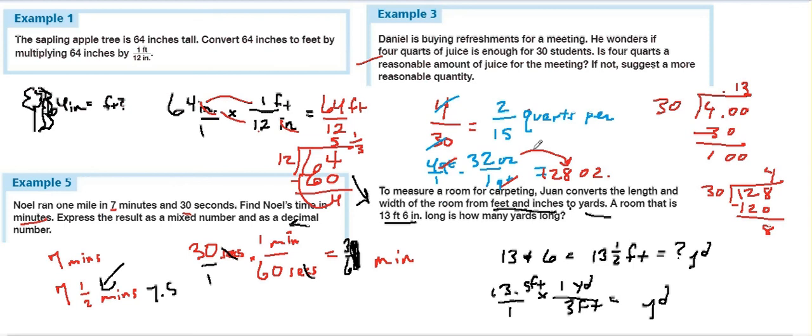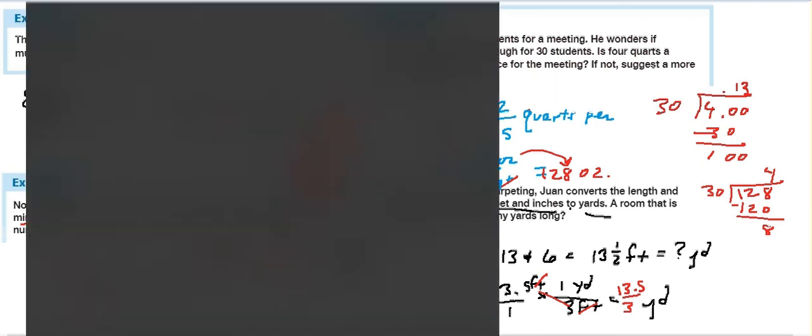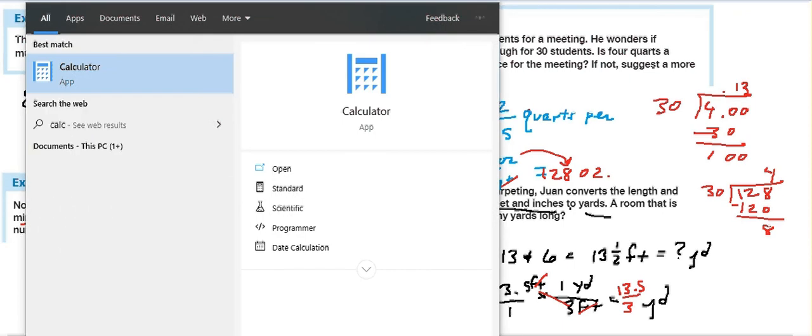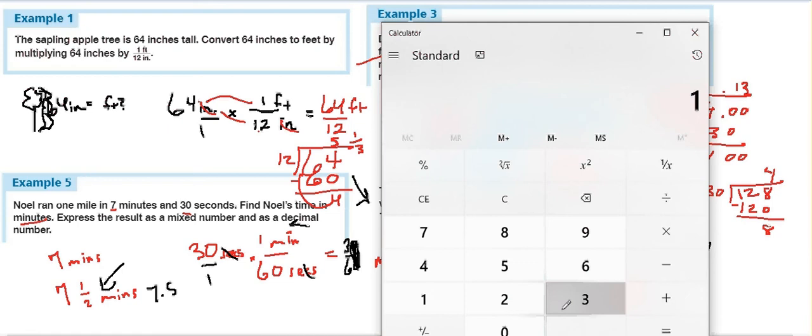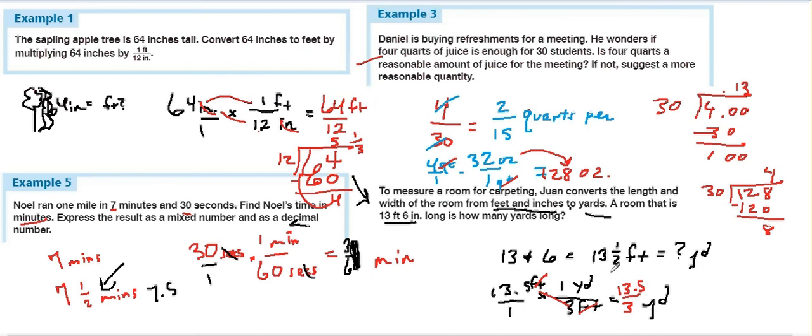Now we cancel out our units diagonally, right? So it's 13.5 over 3. 13.5 feet divided by 3 is 4.5 yards. 4.5 yards.